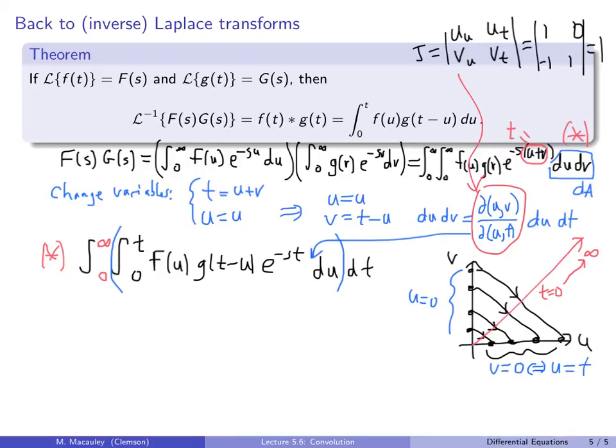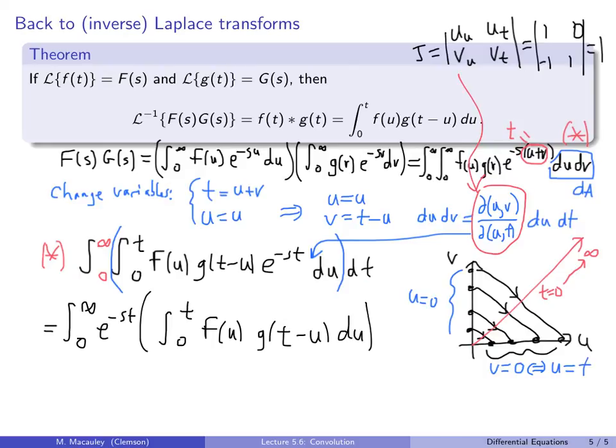In other words, I can write this as the integral from 0 to infinity of e to the minus st times the integral from 0 to t of f of u g of t minus u du dt. Okay, now what have we just done?